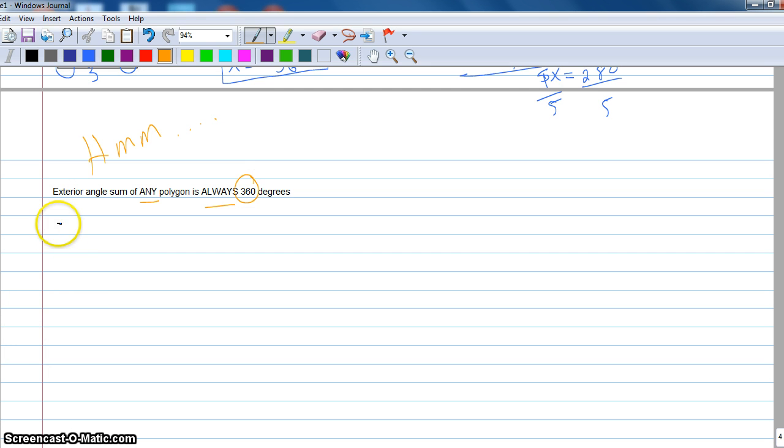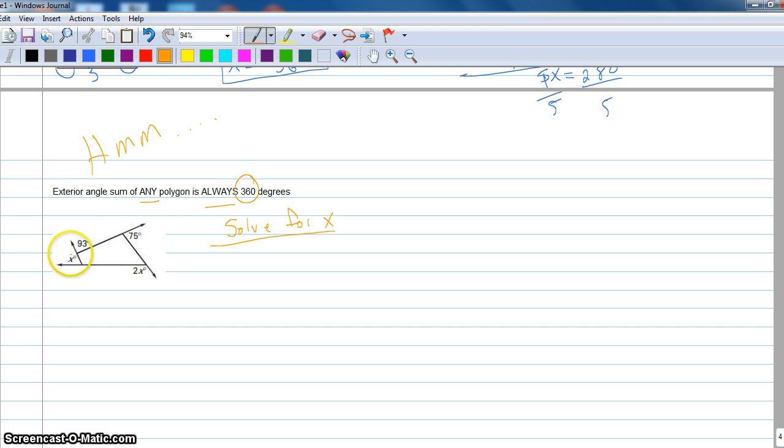So even if we have something funky looking like this, and I say solve for x, we notice all of these are on the outside, not on the inside. That would be the exterior angle sum.